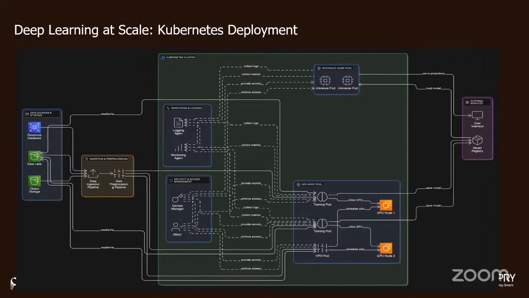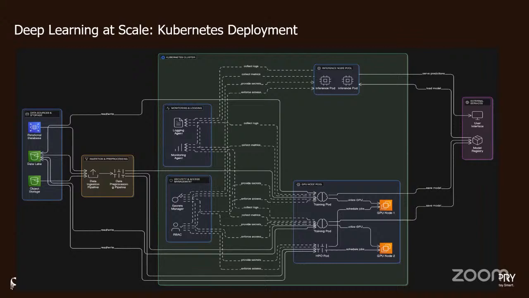Once the model is trained, it will go to our inference node pool. The trained model is saved somewhere, and we can store the saved model in an inference pod. These pods serve predictions in real time to users or a downstream web app. They load the model from the model registry and send the output to the user interface.